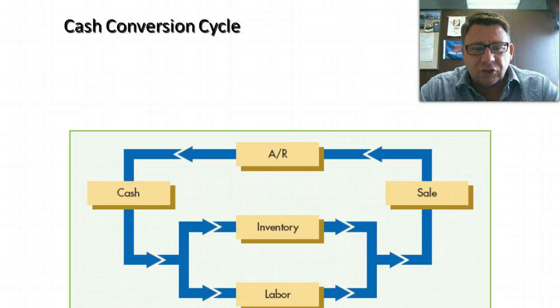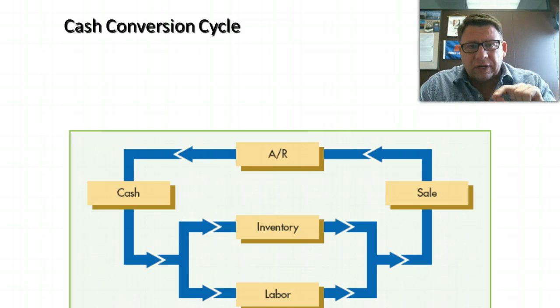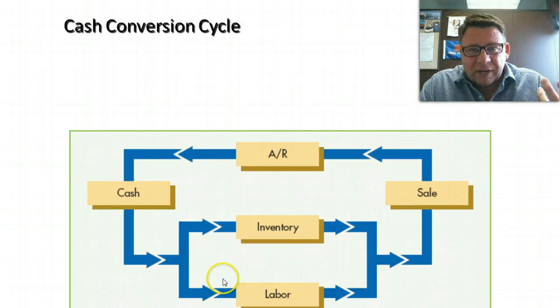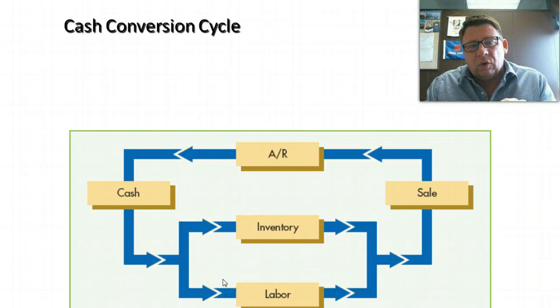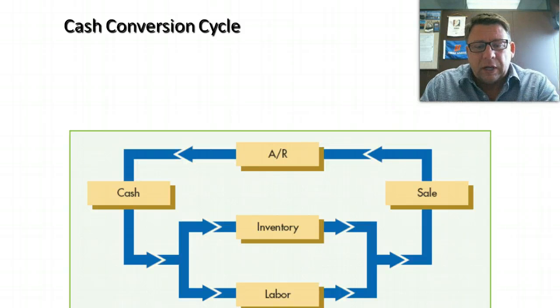Again, a lot of terms in this. So the cash conversion cycle, let me mention this to you in case you see this on a quiz. The cash conversion cycle is really how long it takes us to go from cash back to cash. If we have cash, we're going to spend it on inventory, or if we're a manufacturer, parts inventory and labor.